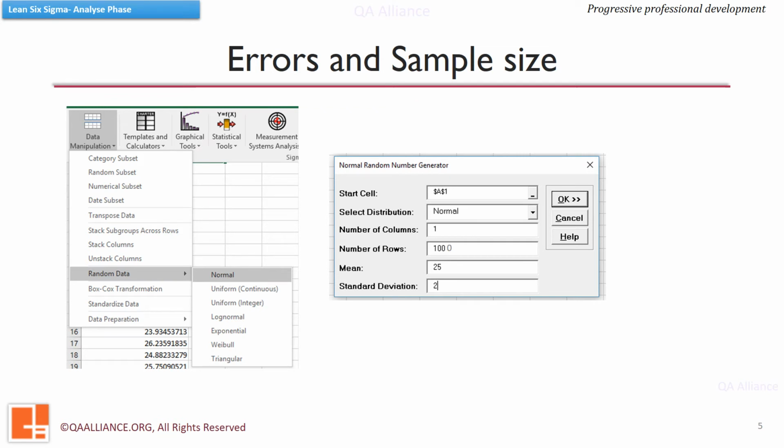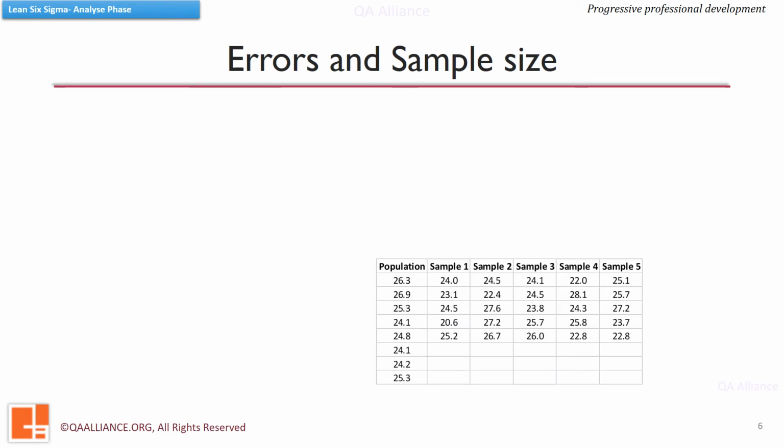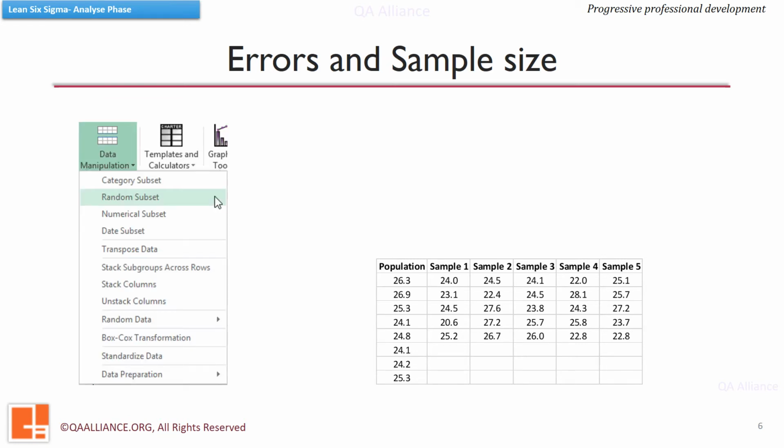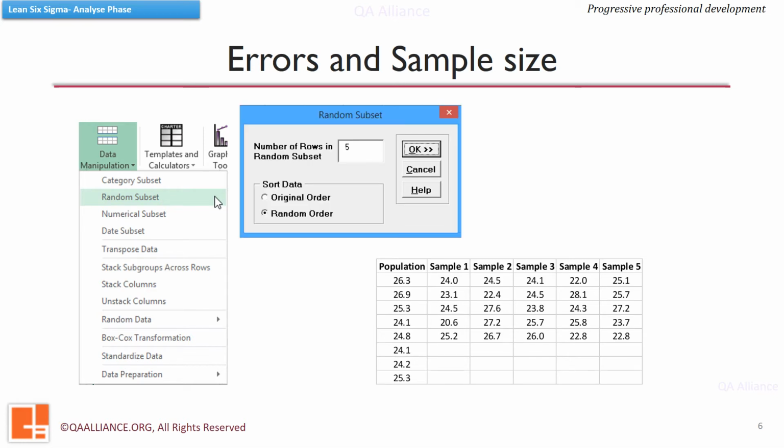This will generate our normally distributed data for the hypothetical population. Now we'll generate sample data from this population data. We'll create 5 data sets each for sample sizes of 5, 15 and 30. For this, go to Sigma Excel, Data Manipulation, select Random Subset, select Data, and the first time put 5 in the dialog box as shown here. It'll generate random data picked from the population that we had just created.